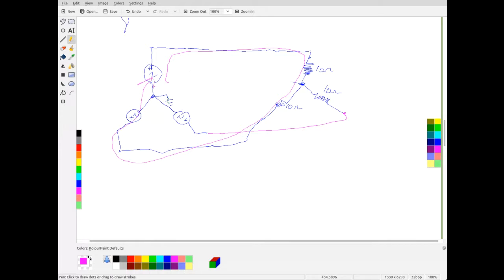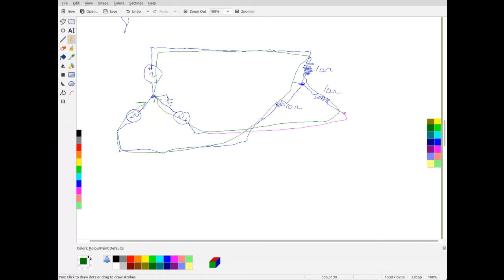It can either go through this path or through this path, but either way it's going to end up coming back to this power source. I can have this current flow through this way and flow back, and it can come back and flow through this way.